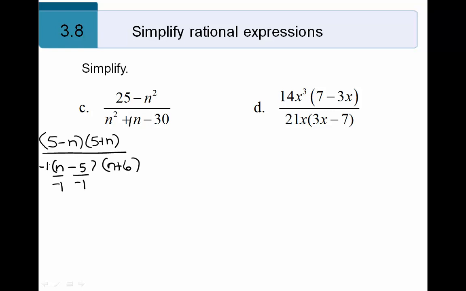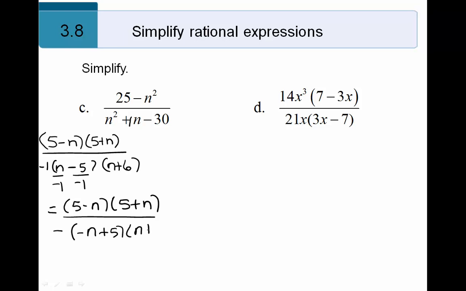Okay? So once I do that, I'll have 5 minus n multiplied by 5 plus n over negative, and now my n has become negative. Negative 5 divided by negative n is positive 5 times n plus 6.